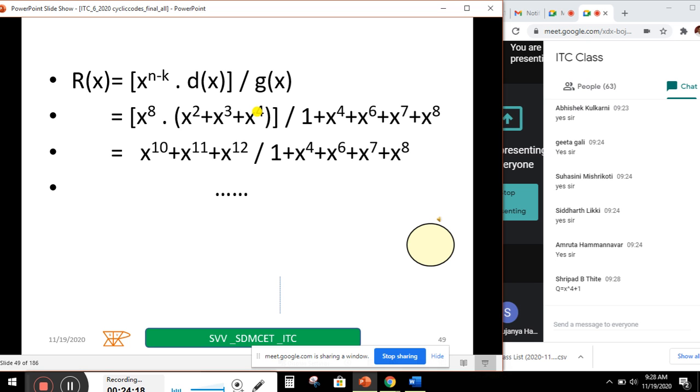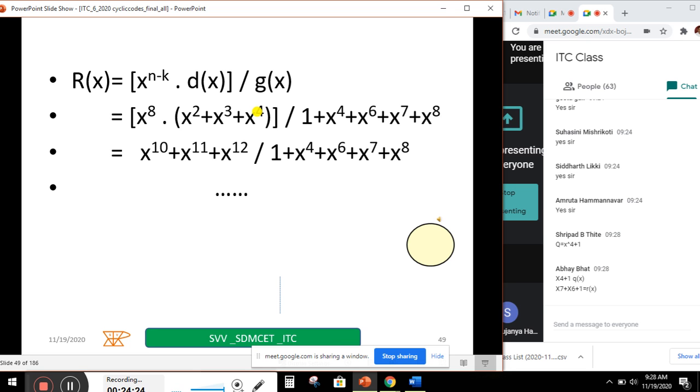Shripad has told x raised to 4 plus 1. Thank you, Shripad. Let me check with the other students. Abhay Bhatt is telling x raised to 4 plus 1, and for r of x he is saying x raised to 7 plus x raised to 6 plus 1. Shripad's plus 1 is missing.